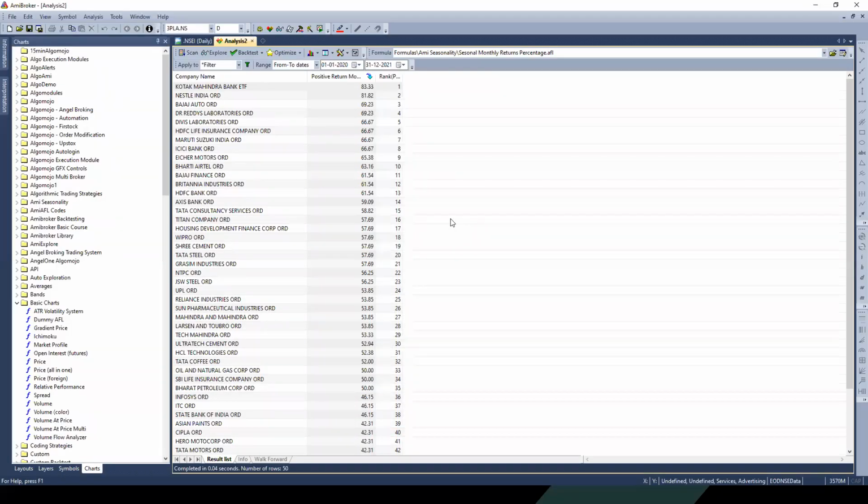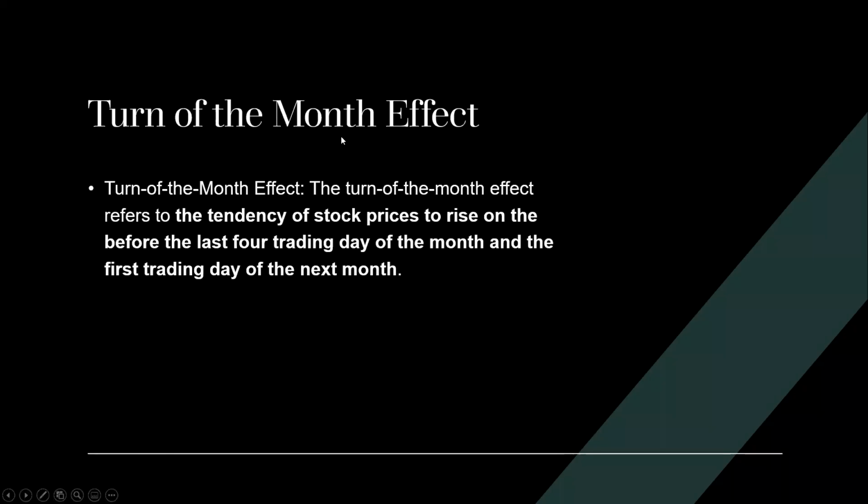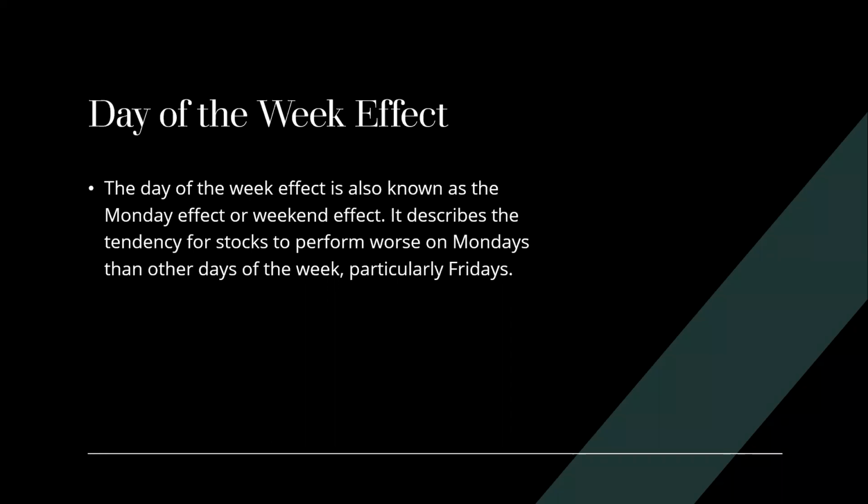I guess you have a fair idea about how to backtest a simple strategy like the turn of the month effect, what the importance of the turn of the month effect is, how effectively one can use such strategies, and what we can learn from the day of the week effect. These are the two things we learned.